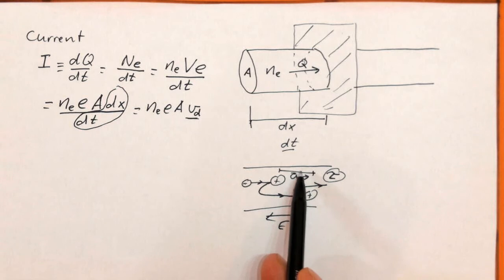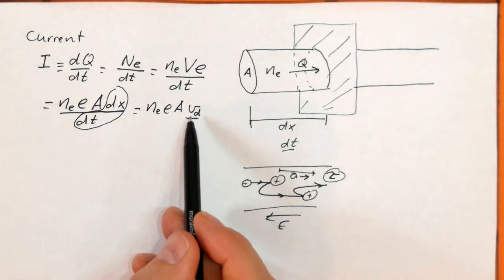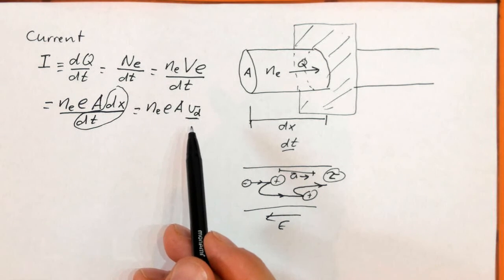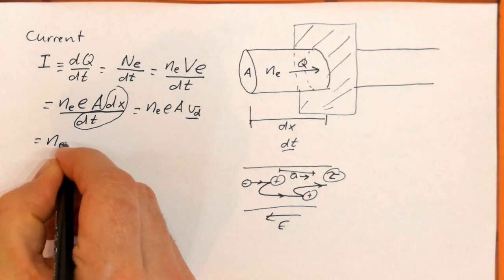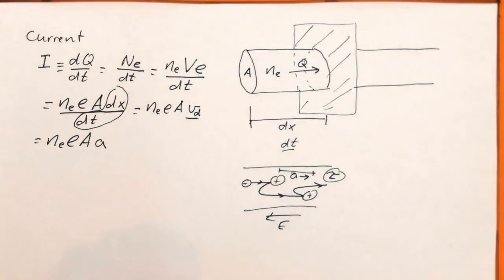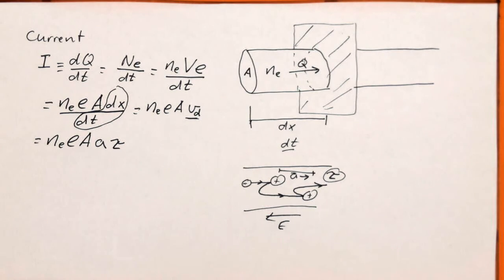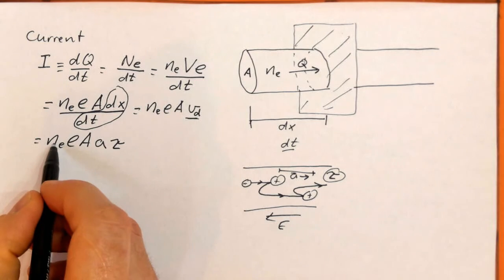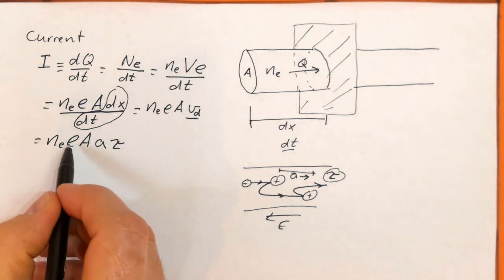But if we have this acceleration and then some average time, then we can find the average velocity: it's just acceleration times the time. So now we can write n_e times e times the acceleration a, so lowercase a, times this tau, the time between collisions. Now the number density is a property of the material. The electron charge is a property of the material.